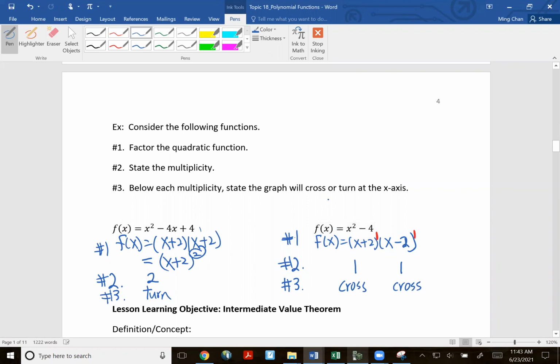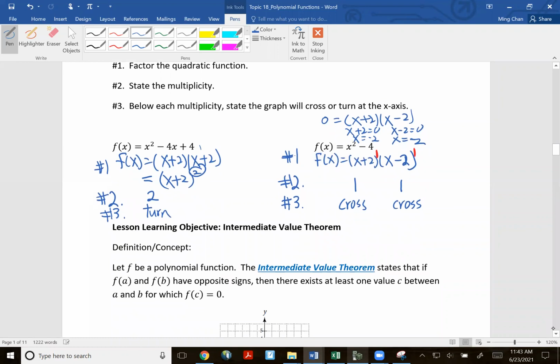All you have to do to find out where it will cross at is set the function equal to 0, right? Since I already factored it, I can just quickly set each factor equal to 0, and it will tell me exactly where it will cross at or turn at. So it will cross at the x-intercepts -2, 0 and 2, 0.